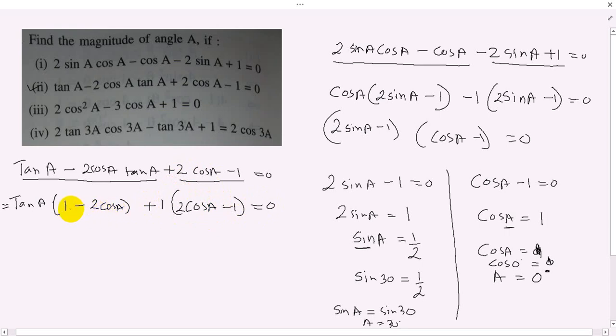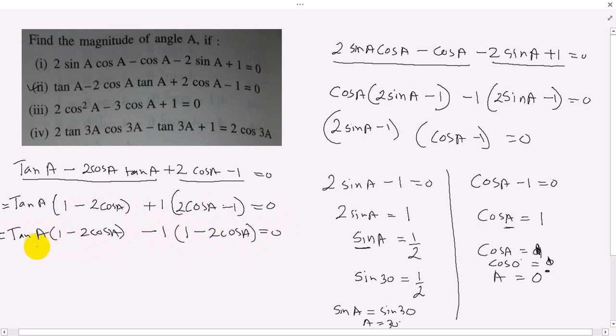See this, here it is common, 1 minus 2 cos A, and it is opposite. So what would we do? We would take minus 1 from here. So tan A times 1 minus 2 cos A, minus 1 times 1 minus 2 cos A, so that this becomes the same as the first term.